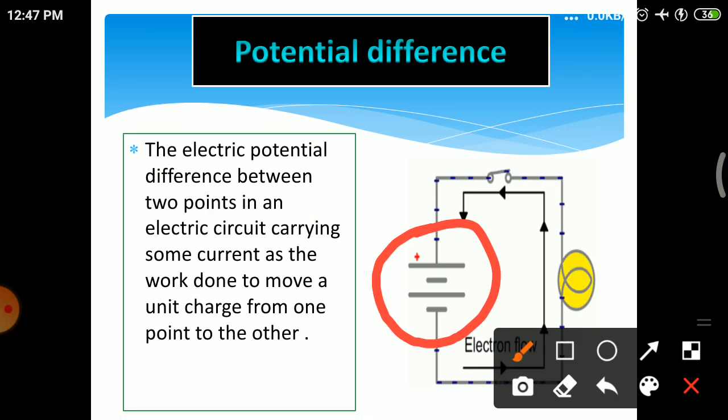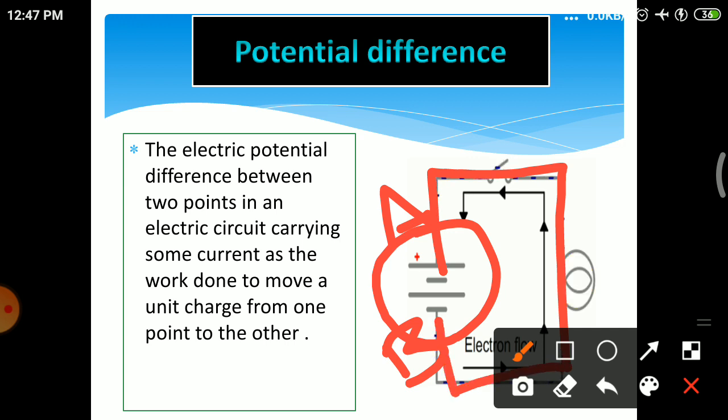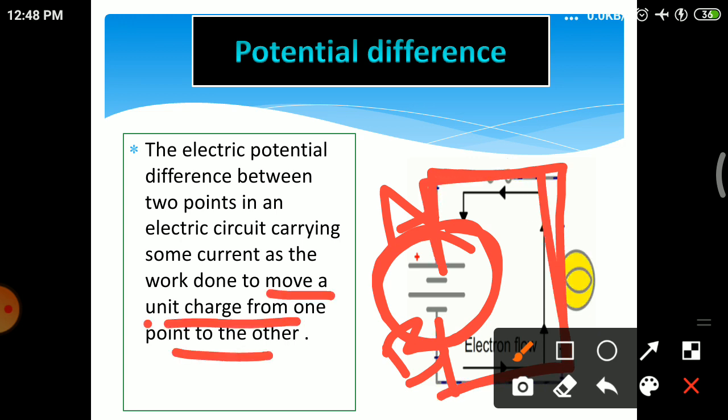So when the electrons are moved from end A to end B, then only the electric current will be produced. So who gives this energy to the electron? The external battery gives the energy to move a unit charge from one point to another point.